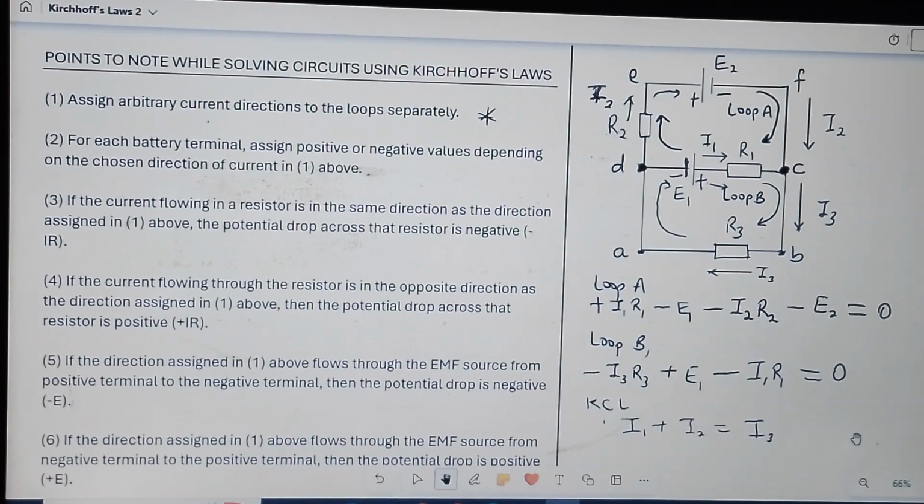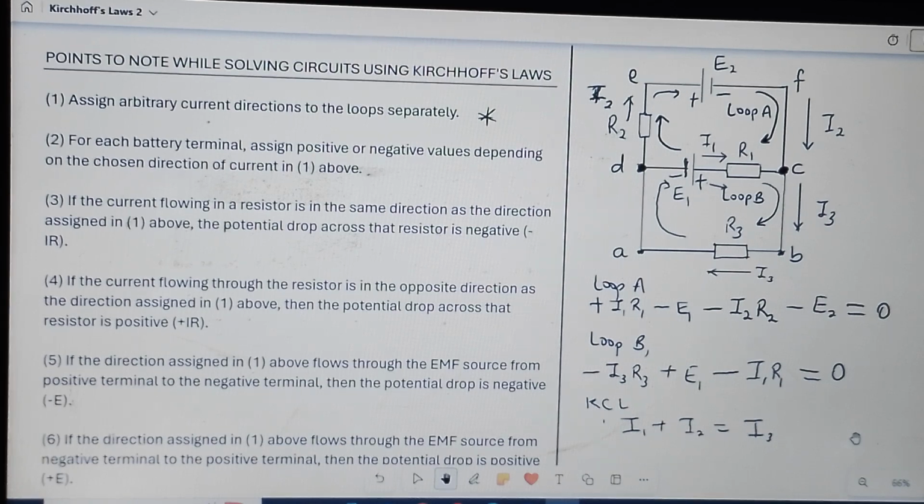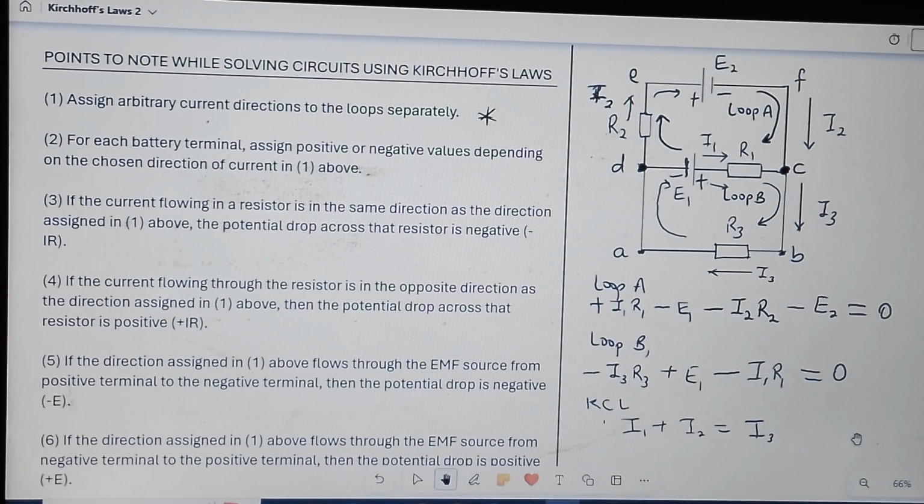So we have been able to apply Kirchhoff's current law and Kirchhoff's voltage law to bring out equations for calculating the current and the voltage.